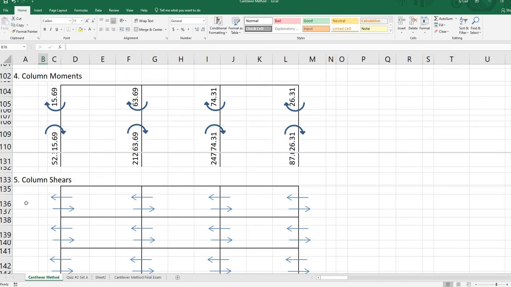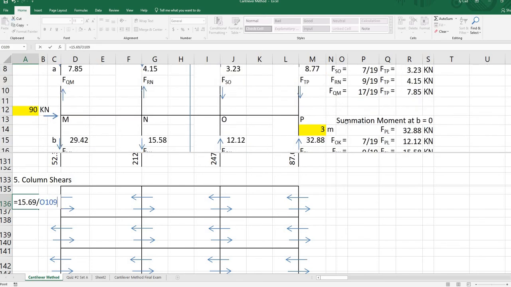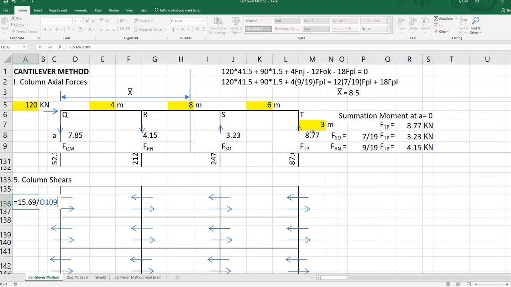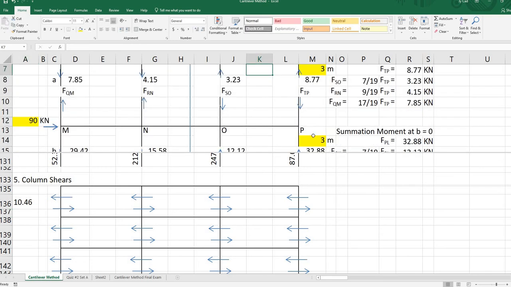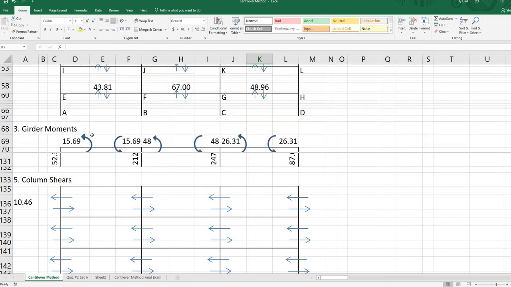So from column moment, this is equal to 15.69 divided by, or muna 15.69 divided by the mid height, which is 1.5. Okay, tapos susunod 3 din, then 4 yung baba.